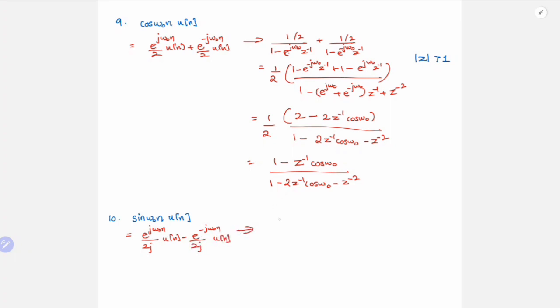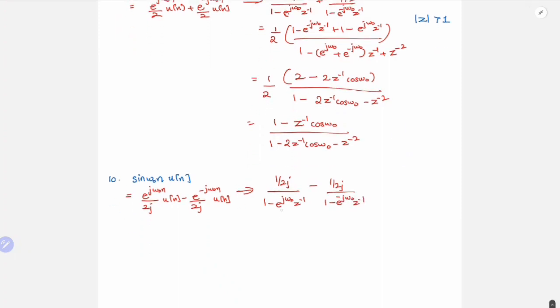So this is going to have a z transform 1 over 2j by 1 minus e power j omega naught z inverse minus 1 over 2j divided by 1 minus e power minus j omega naught z inverse. If you try to simplify, you'll have 1 by 2j into 1 minus e power minus j omega naught z inverse minus 1 plus e power j omega naught z inverse, by 1 minus z inverse into e power j omega naught plus e power minus j omega naught, minus z inverse square.